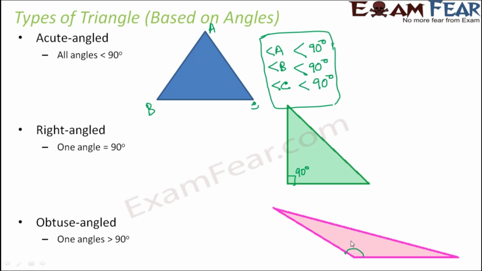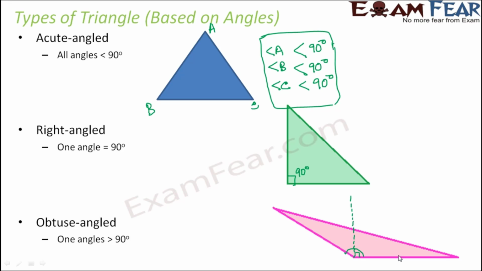So 90 degree would have been somewhat like this. So this would have been 90 degree. So one angle is greater than 90 degree, but again, sum of the three angles should be 180 degree. So that means the other two angles should be less than 90 degree. So whenever one angle is obtuse angle, then that triangle is called obtuse-angled triangle.